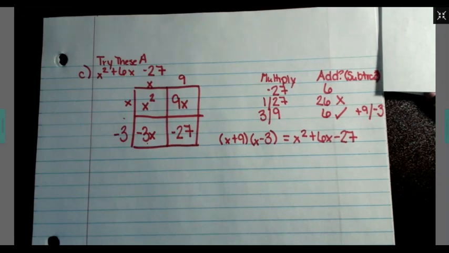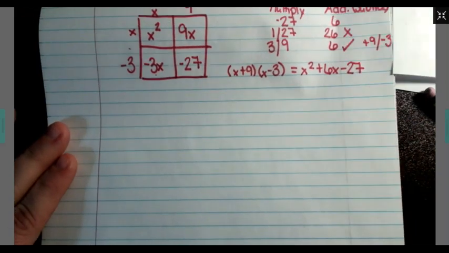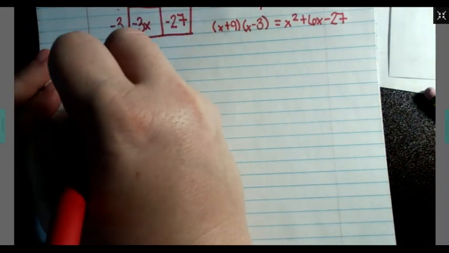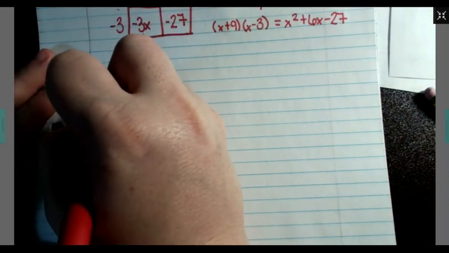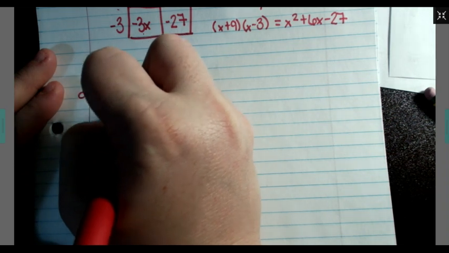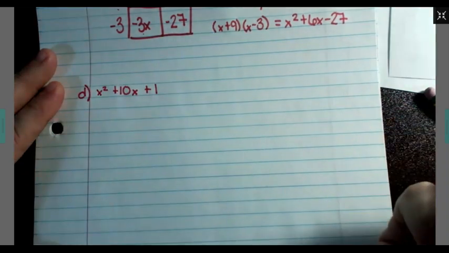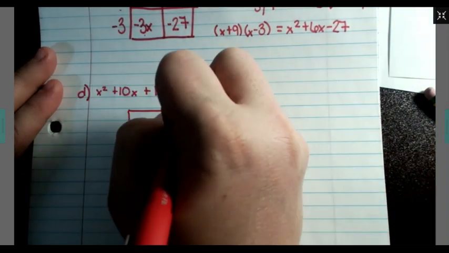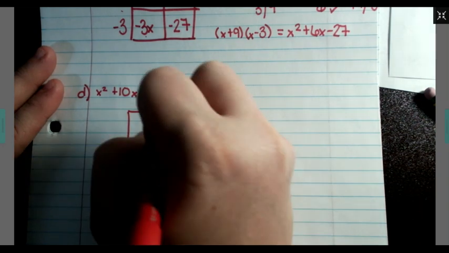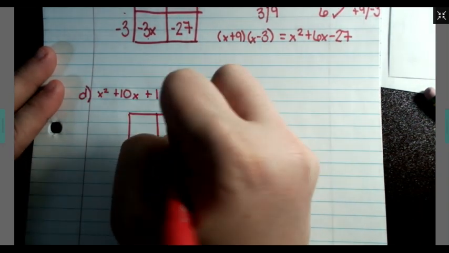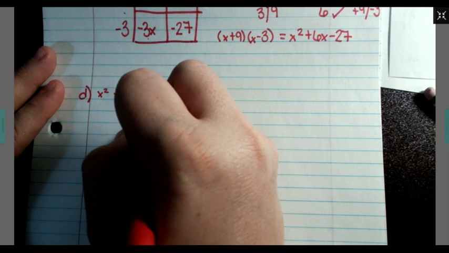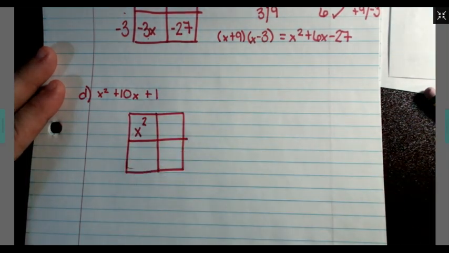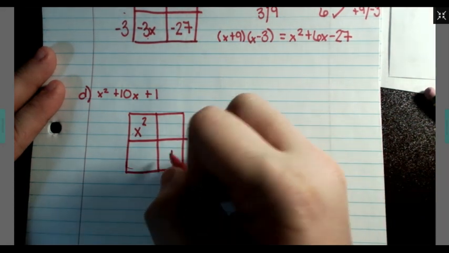Let's take a look at D. The trinomial for D is x squared plus 10x plus 1. Going to create our graphic organizer first. Top left, bottom right.